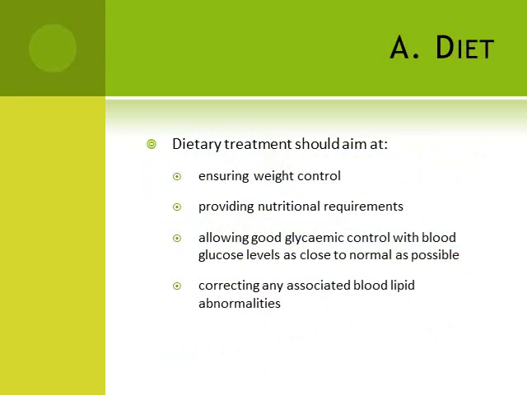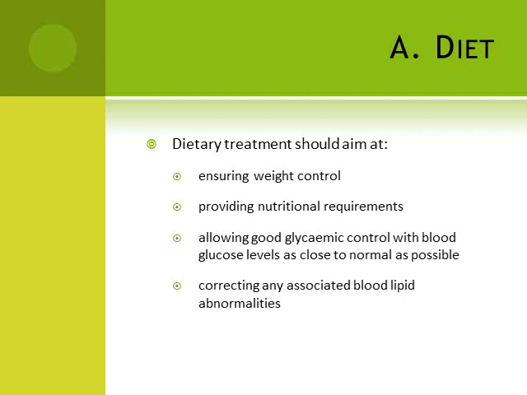Dietary treatment should aim at ensuring weight control. Number one, if the patient is overweight, we should look for an ideal BMI in that patient, and we should tailor the diet according to the weight of the patient.